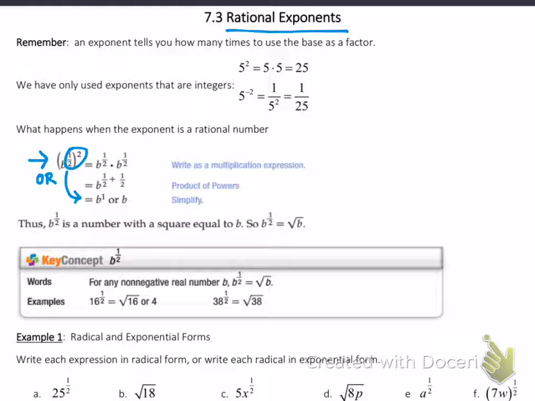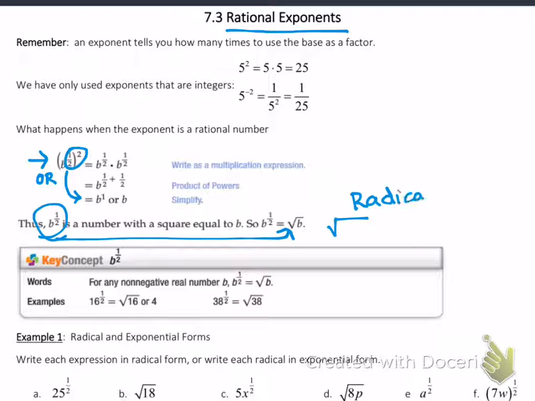Now, the first key thing today is that when we have a fraction, especially 1/2, this is something that we call a square root. I'm sure many of us have seen the radical sign. This right here is called a radical sign. It looks like a division sign, but that's what we call a radical.